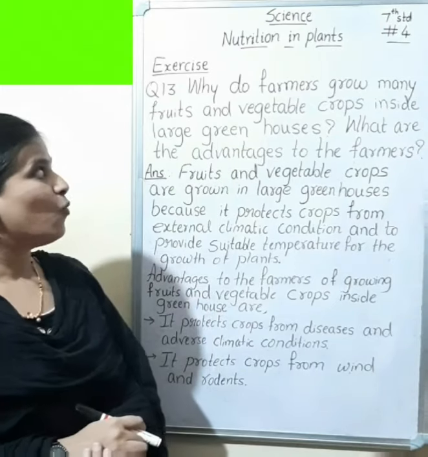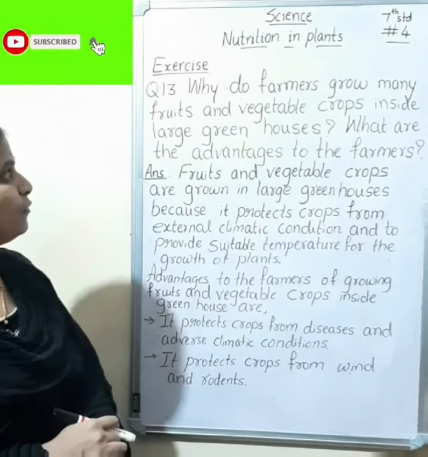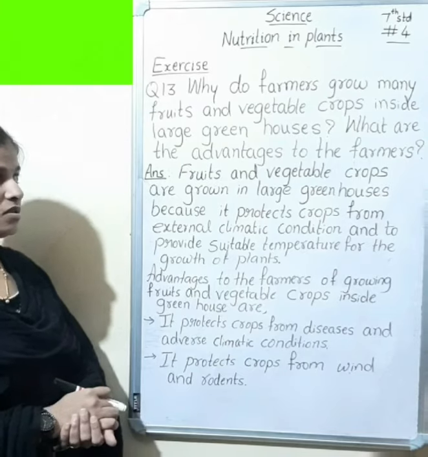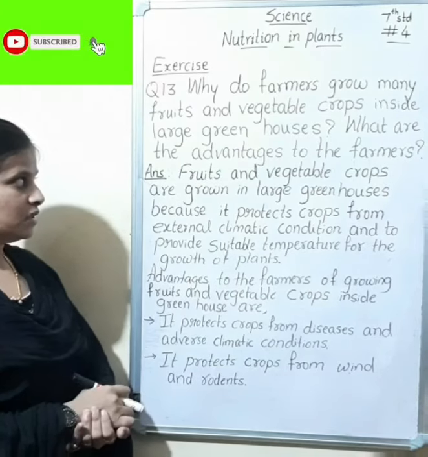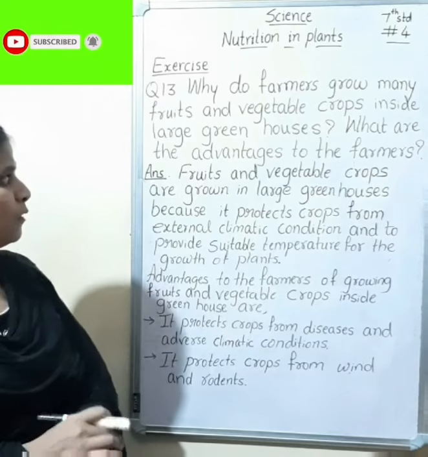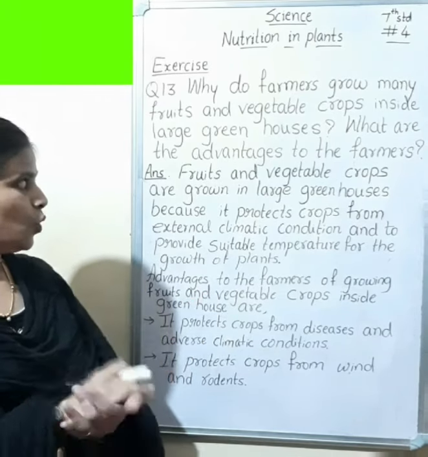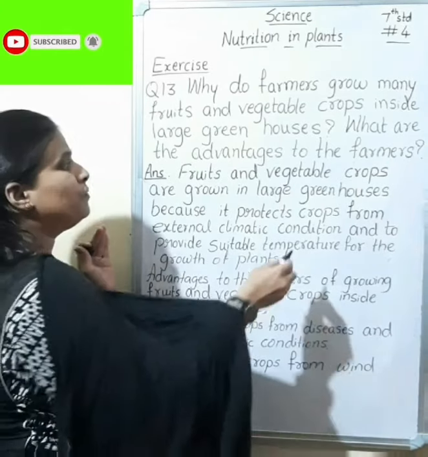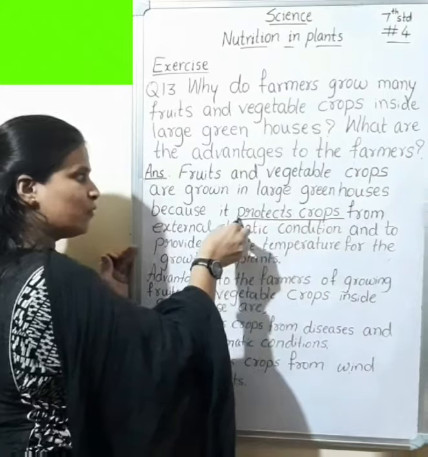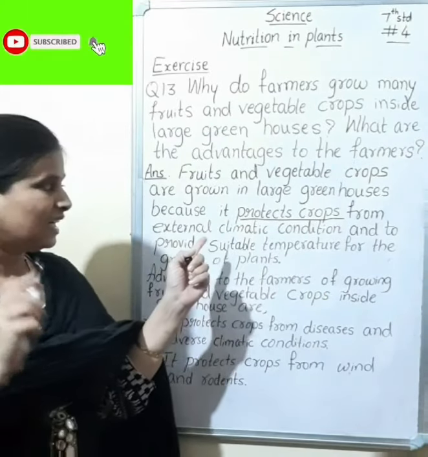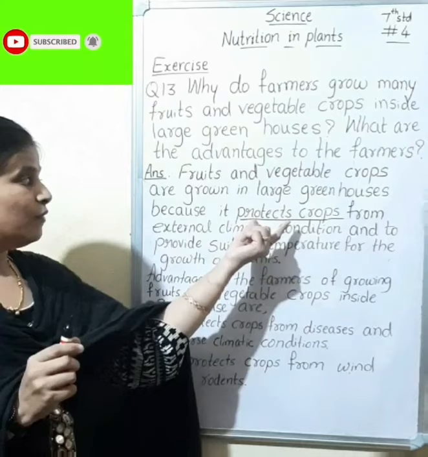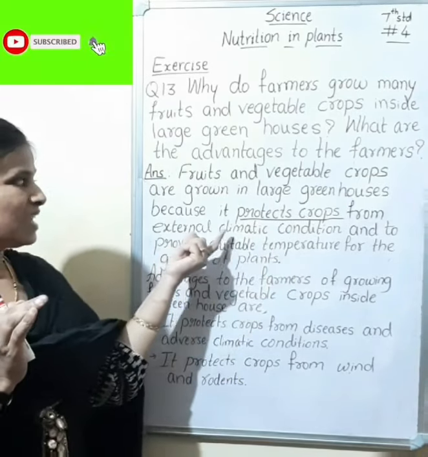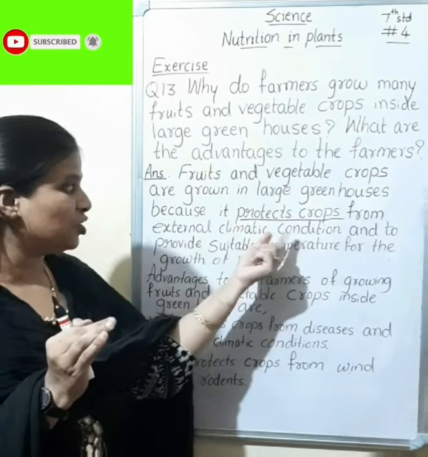13th question: why do farmers grow many fruits and vegetable crops inside large greenhouses? What are the advantages to the farmers? Let's see the answer. Fruits and vegetable crops are grown in large greenhouses because it protects crops from external climatic conditions.